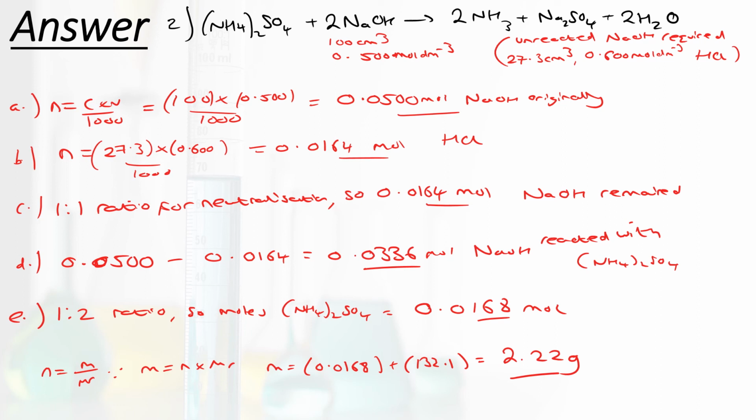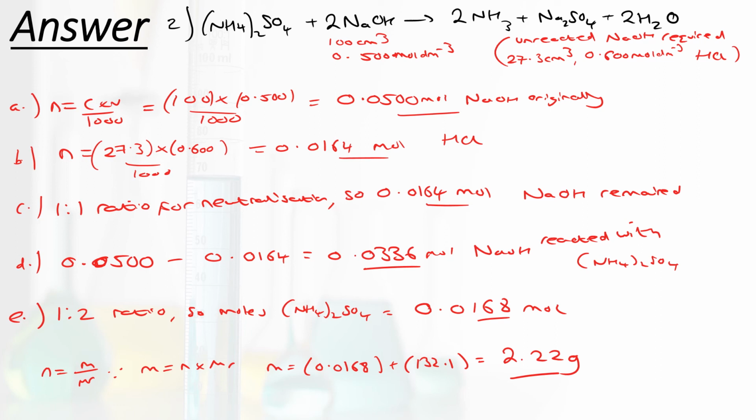Question D then said to calculate the number of moles of the sodium hydroxide that actually reacted with the ammonium sulfate. So similar to the previous question, we're going to take the moles that we started with, the 0.05, and take away the amount of moles that were left unreacted, which was 0.0164. And so we have 0.0336 moles of sodium hydroxide that ended up actually reacting with the ammonium sulfate.